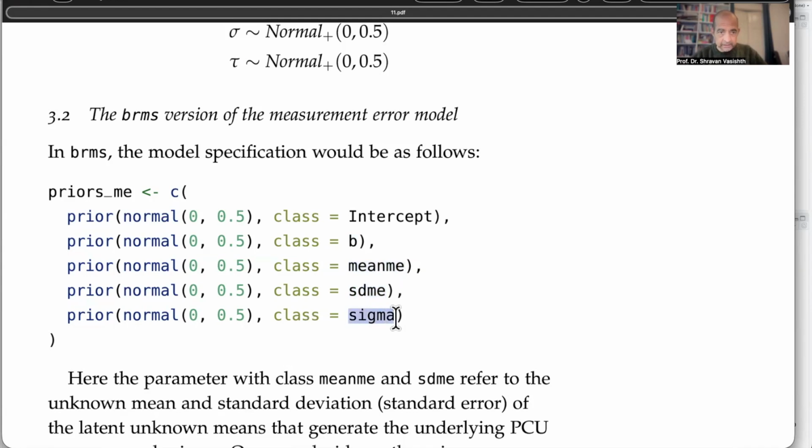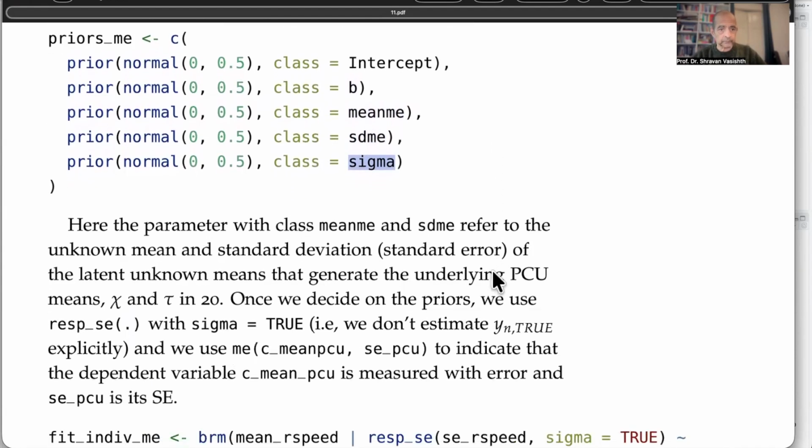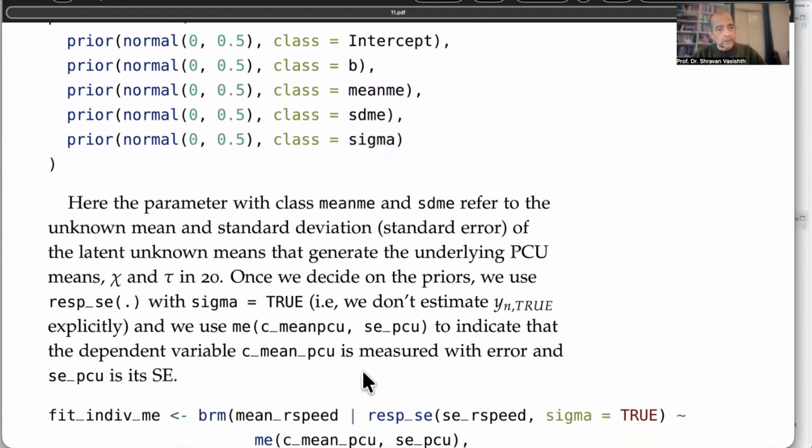This sigma is clear, of course, right? The mean ME and standard deviation ME represent the unknown mean and standard deviation, that is the standard error, of the latent unknown means that generated the underlying PCU means, that is chi and tau.